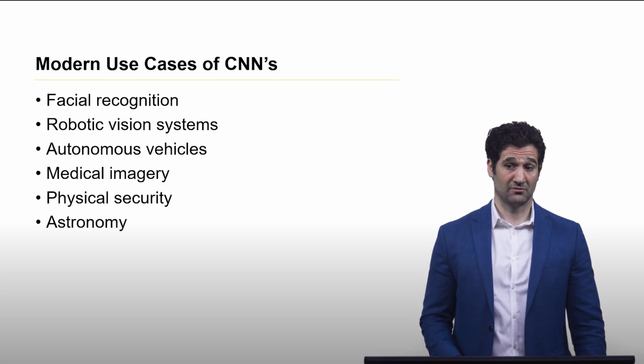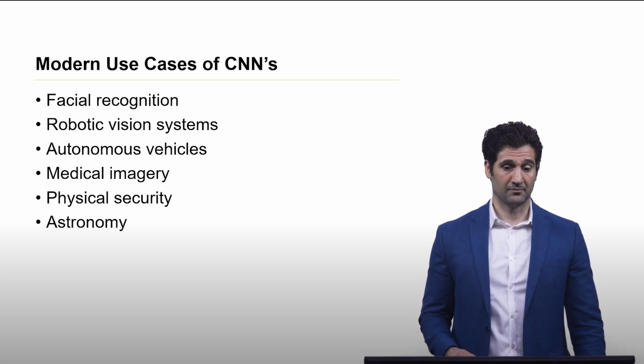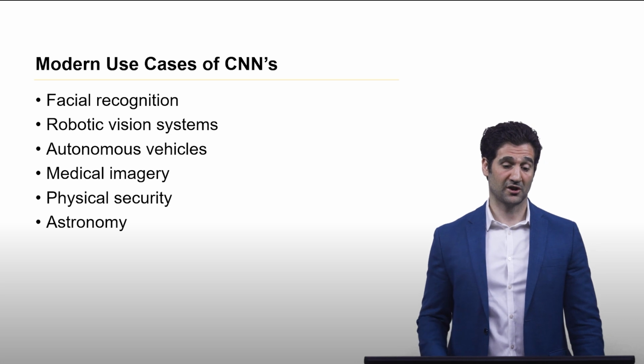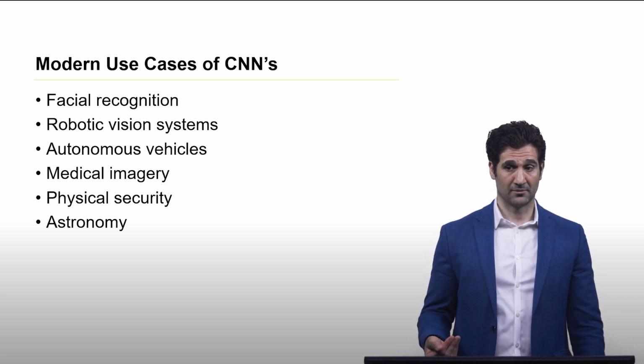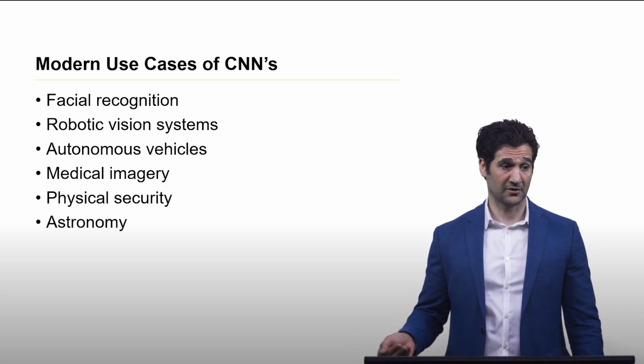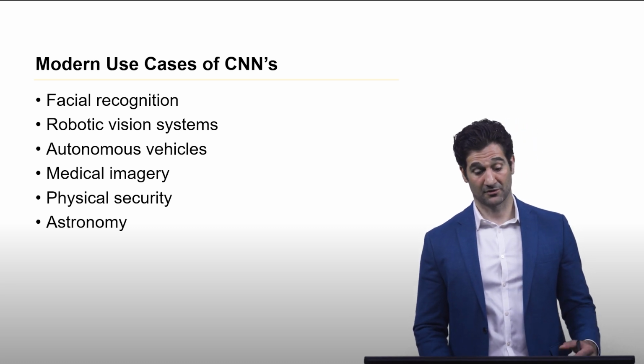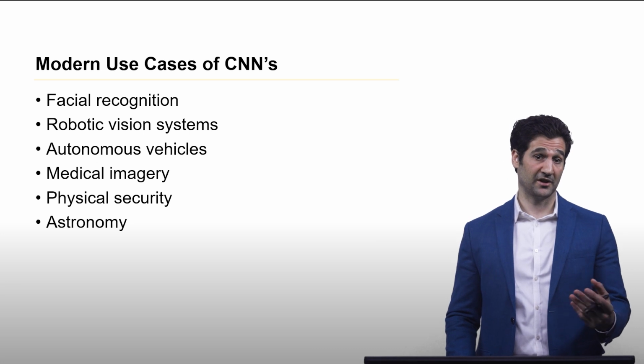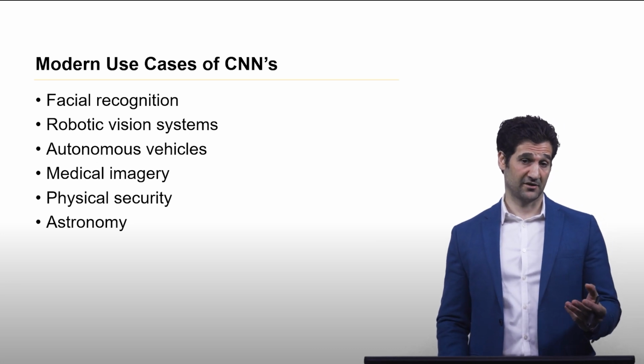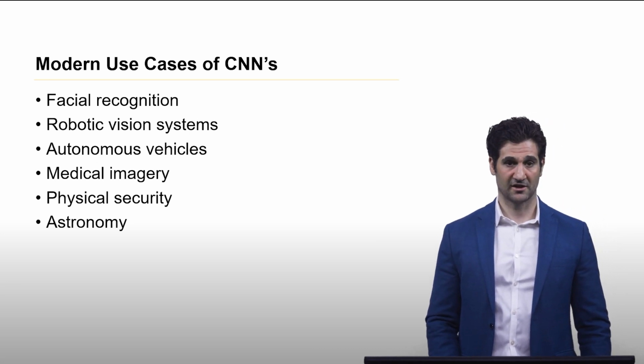Astronomy is also an interesting one, analyzing astronomical images using convolutional neural networks, tipping astronomers off to something that they should study more or put more observation on, is another really interesting use case in a field that has advanced outside of computer science as a result of this technology.